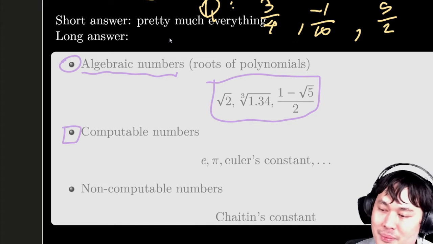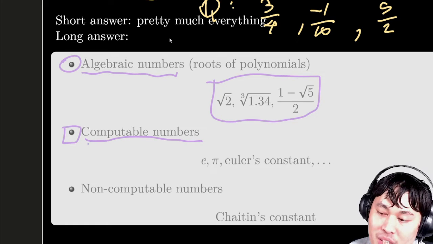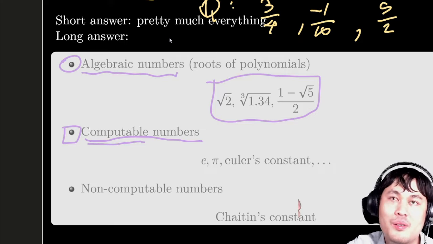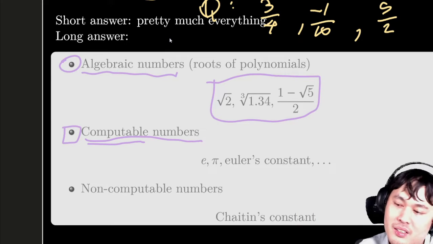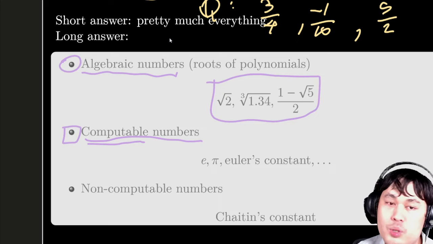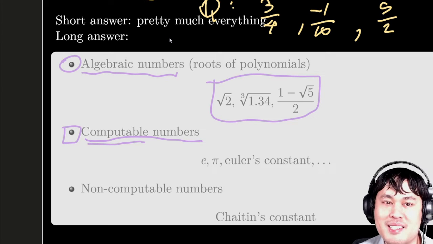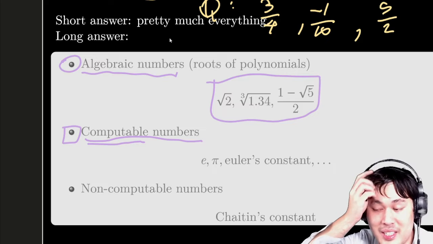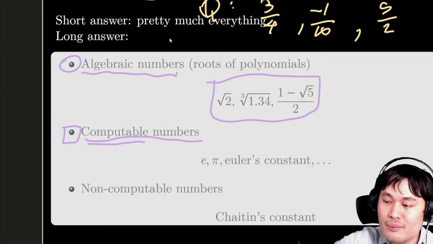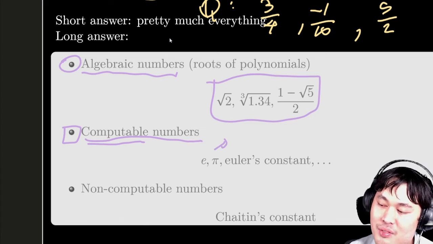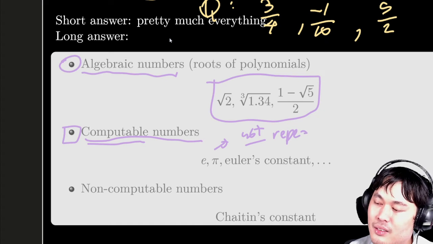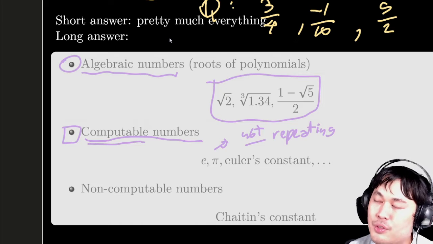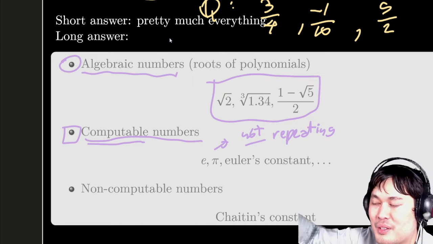And there are some fancy numbers called computable numbers. Computable means you describe what it looks like or what it represents, and you just put it into a computer, and it outputs the number. But it's not going to be able to output the exact number, because if you write it as decimals, they are not repeating. So the computer would have to compute decimals forever.